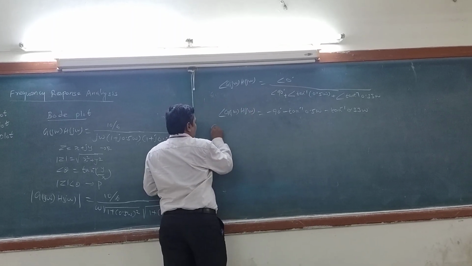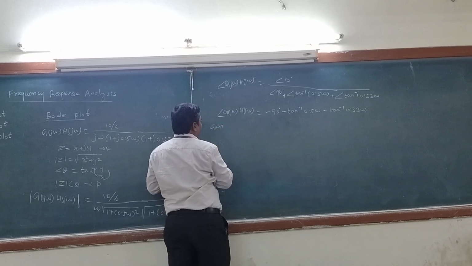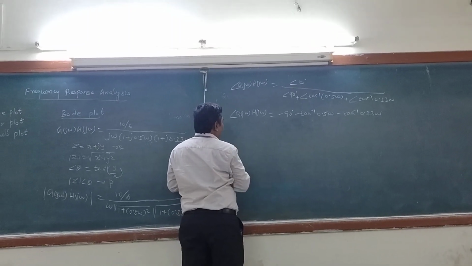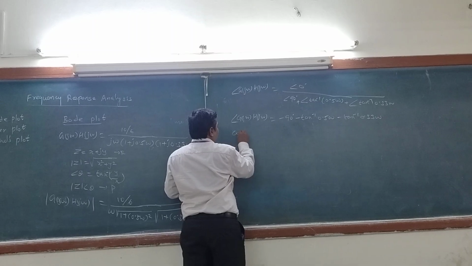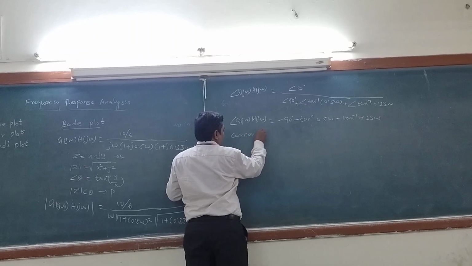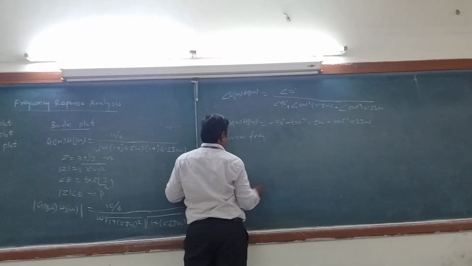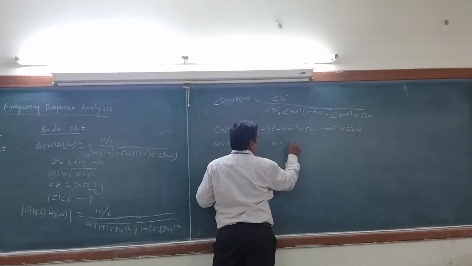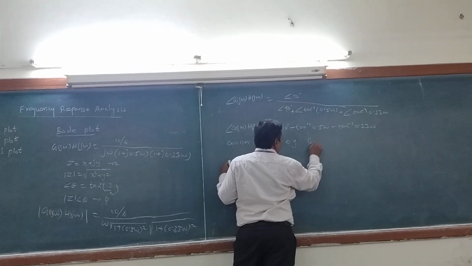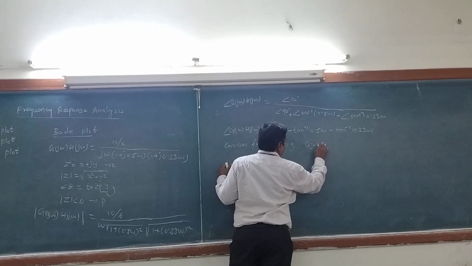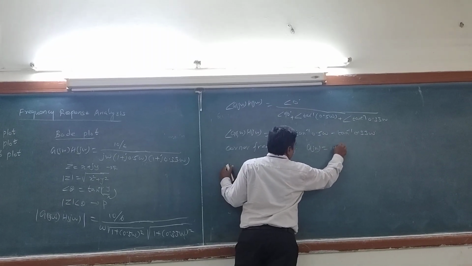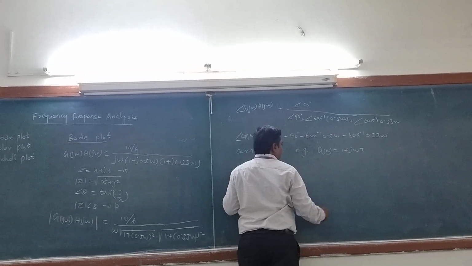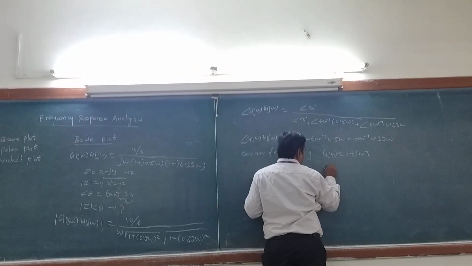Now we express gain, and before that we need to find the corner frequencies. For example, G of j omega is equal to 1 plus j omega T. How do we find the corner frequency?